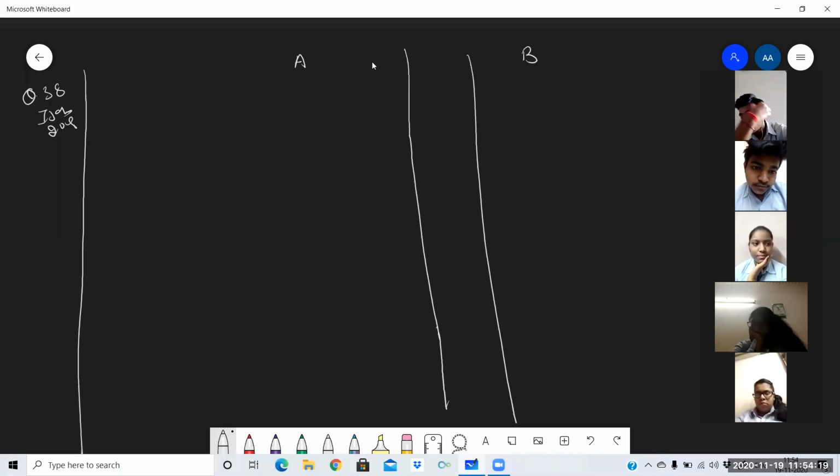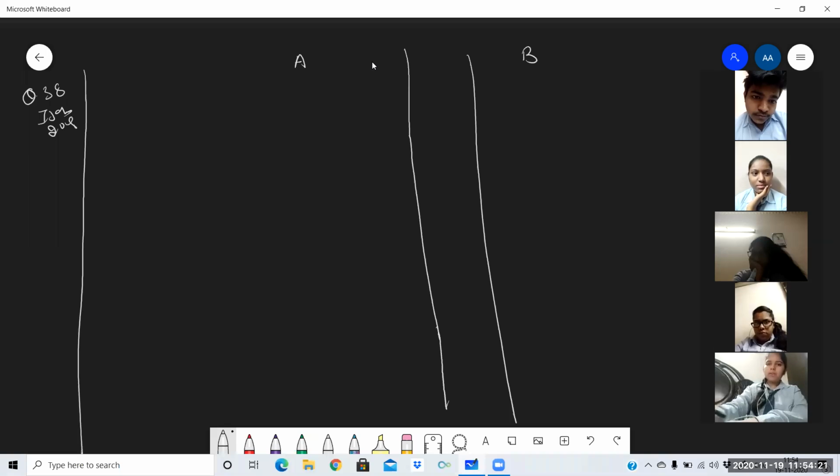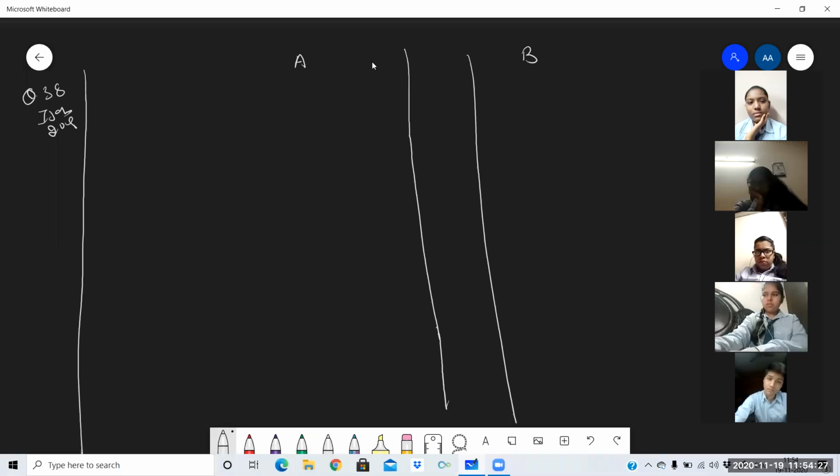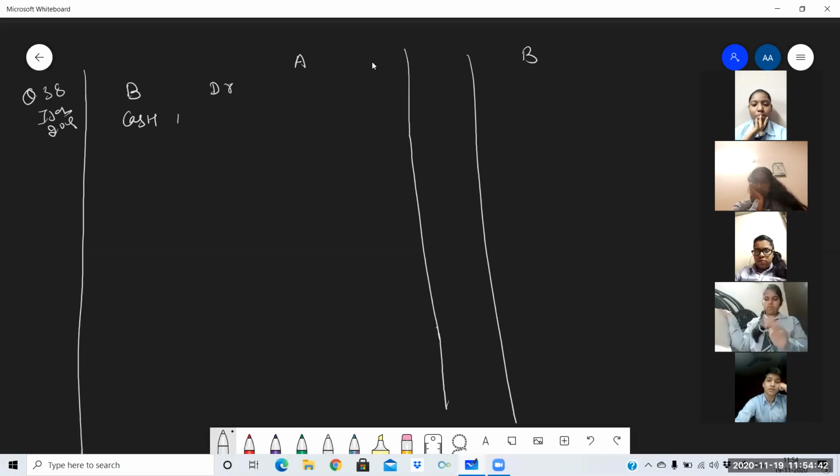So first of all, this 1 lakh transaction is not a credit transaction at all. Out of this 1 lakh, 25,000 we have received in cash, and for the rest 75,000 there is a concept of debtor. So first transaction, B debit, B is our debtor, and for the cash we will pass this entry: cash account debit to sales, because the whole of the sale is not on credit basis.